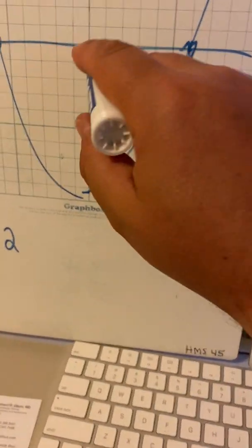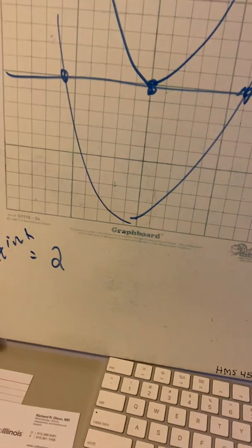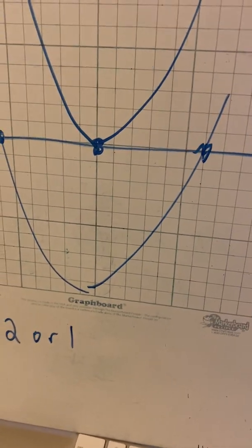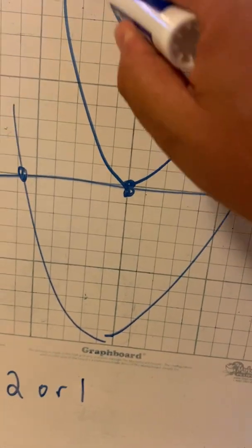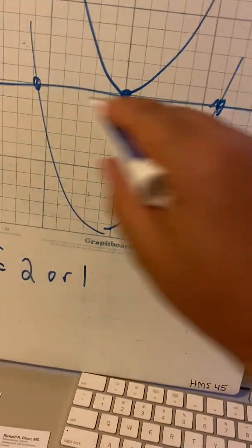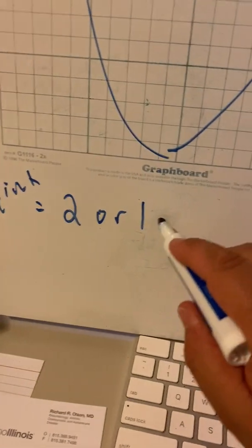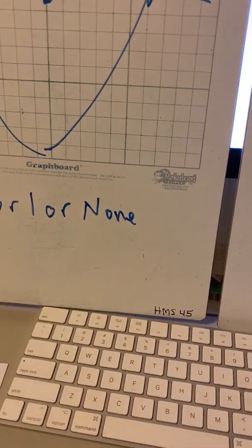Or what if the vertex is on the x-axis? How many intercepts does this have? Just one. But what if it has a vertex above the x-axis and opens upwards? It doesn't even intersect the x-axis. Not at all. So none, or zero.